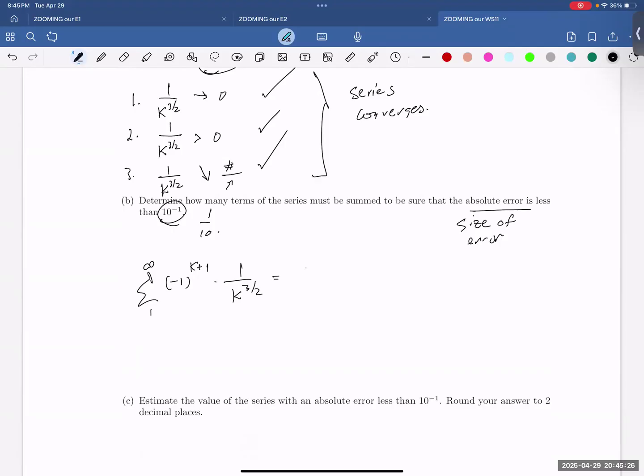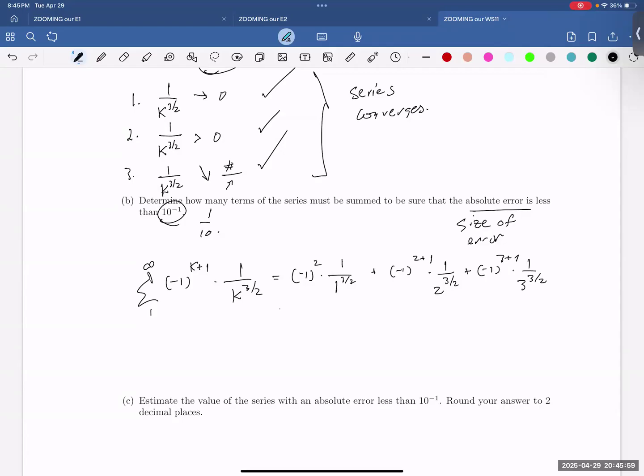First term's positive: negative 1 to the 2 times 1 over 1, plus negative 1 to the 2 plus 1, 1 over 2 to the 3 halves, plus negative 1 to the 3 plus 1 times 1 over 3 to the 3 halves.